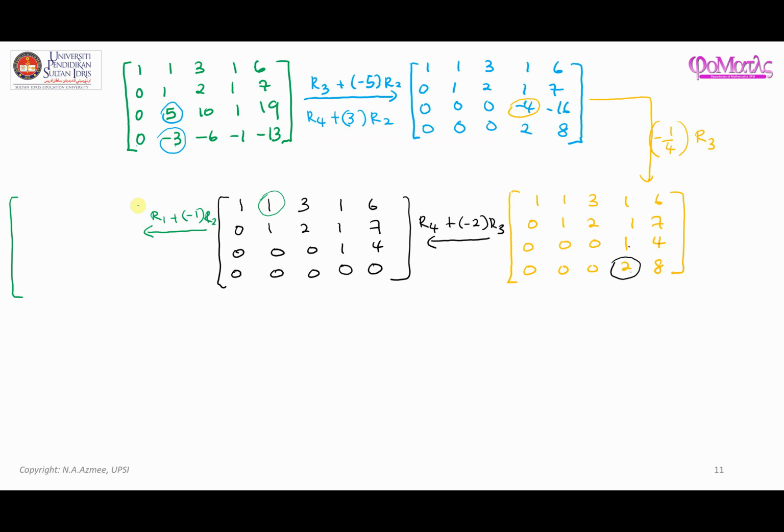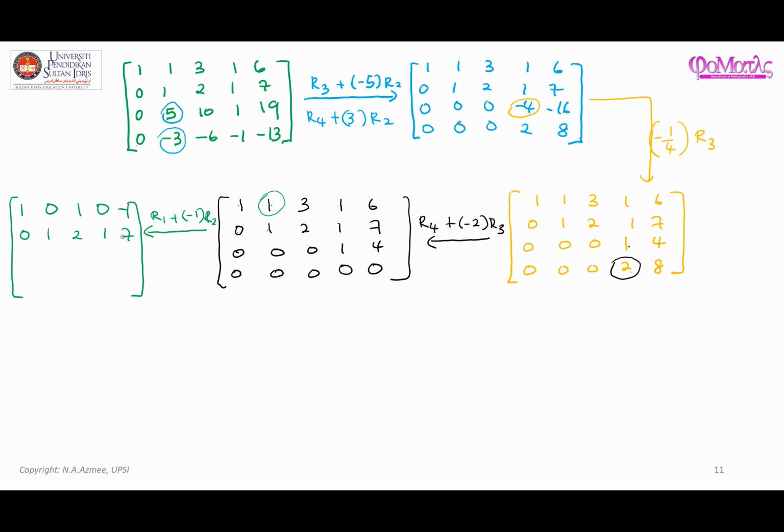So the result is, well, 1 minus 0 is 1. 1 minus 1 is 0. 3 minus 2 is 1. 1 minus 1 is 0. 6 minus 7 is -1. Okay, so 0, 1, 2, 1, 7, 0, 0, 0, 1, 4, 0, 0, 0, 0, 0.